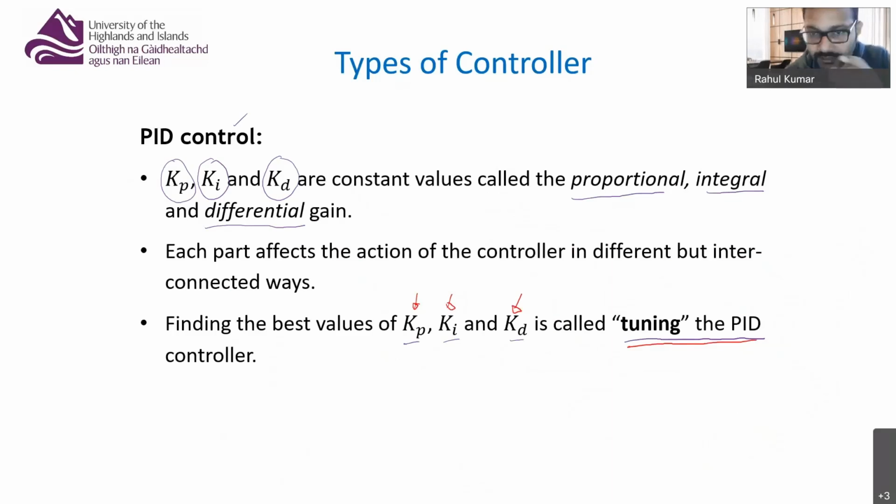So we'll discuss that, but this is just in brief about PID. In this class itself, we are going to discuss the individual parts, the proportional, the integral, and the differential part of your PID controller, and how they operate. But for the time being, let's continue with the types of controller, right?